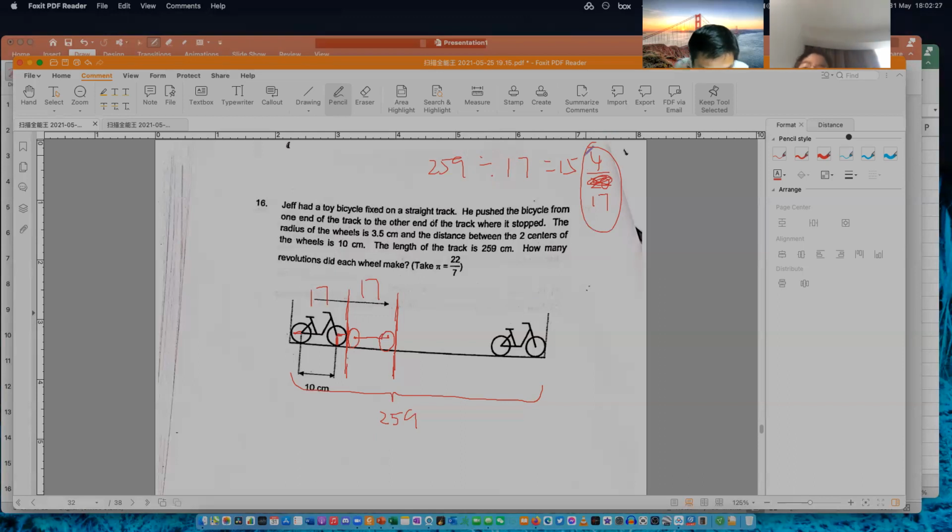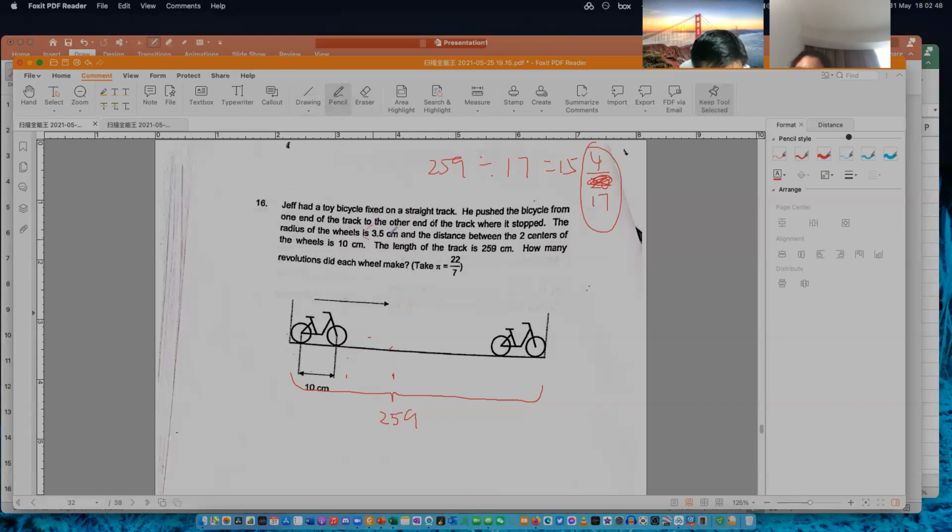So what you're going to do is, let's find out what the circumference is first.